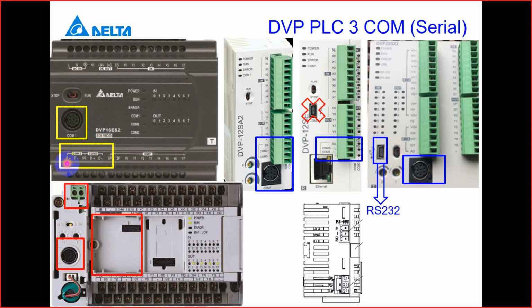Then you can see we have COM2 and COM3, which are based on RS-485. And this model is for the EH2 or EH3 series. Again, this one is for RS-232, and the green one on the top is for RS-485.